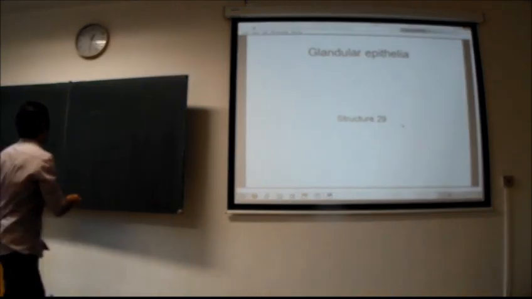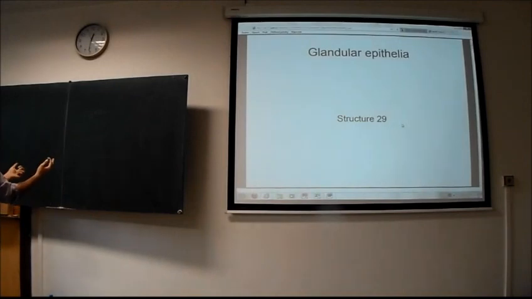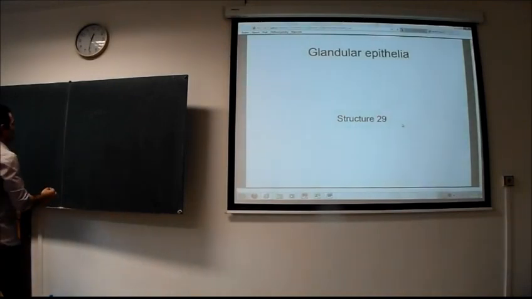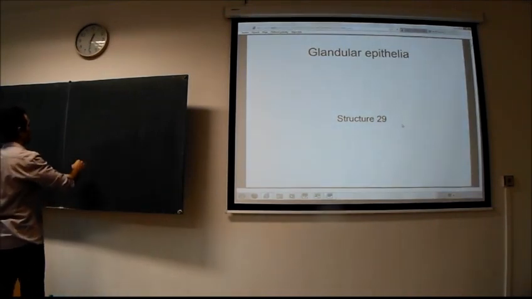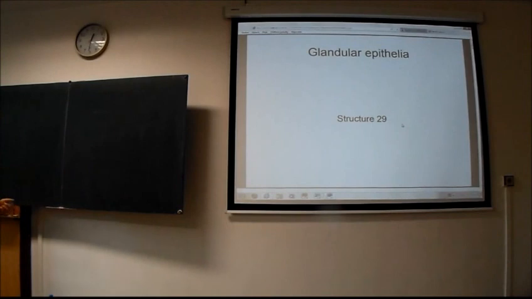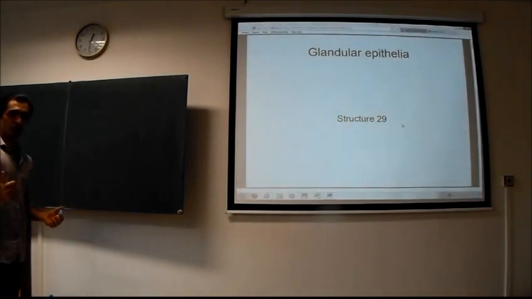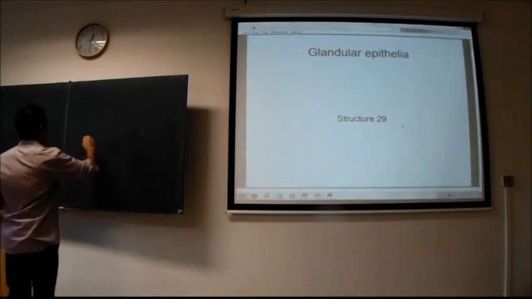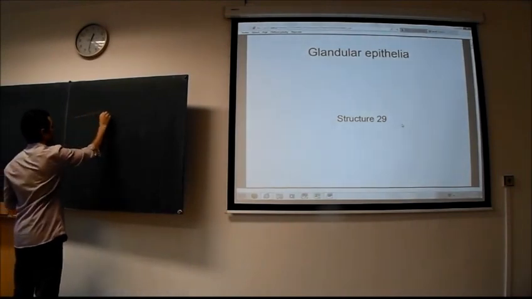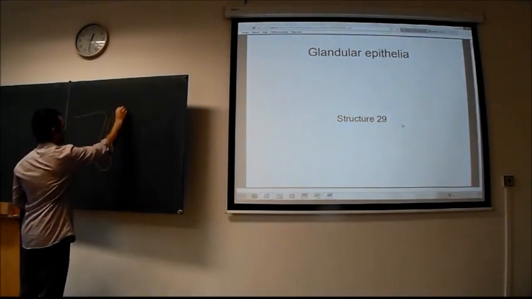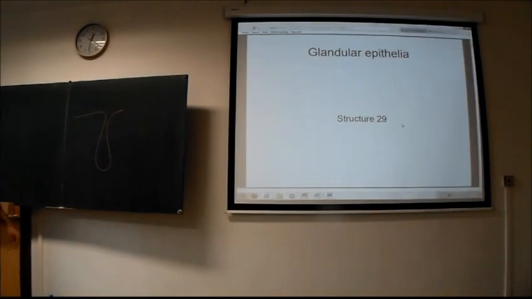When you see a gland, the classification should be done this way. I think the best way to explain it is, first of all, you see the type of gland: either exocrine or endocrine. When you see an exocrine gland, why is it exocrine?